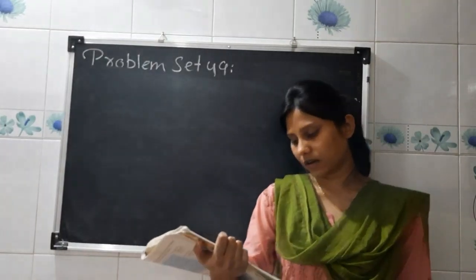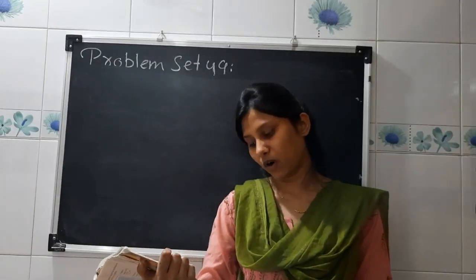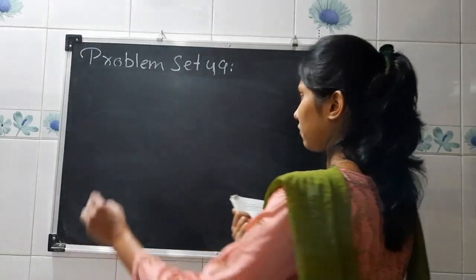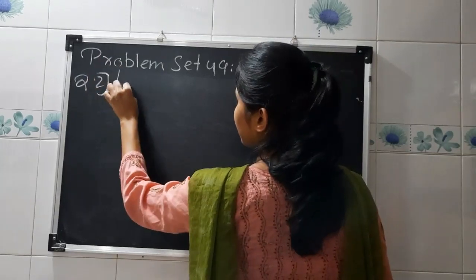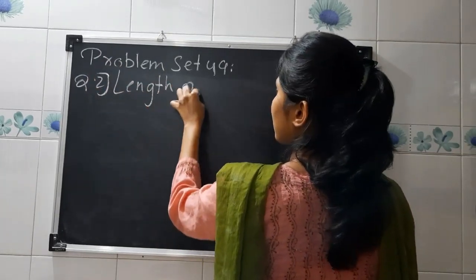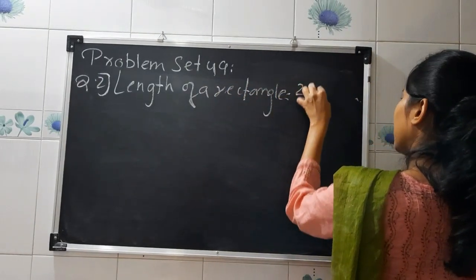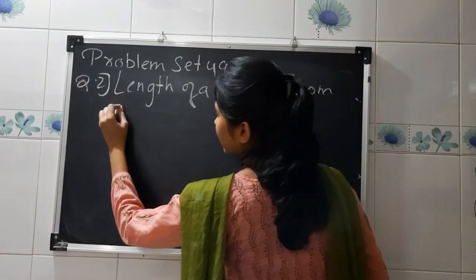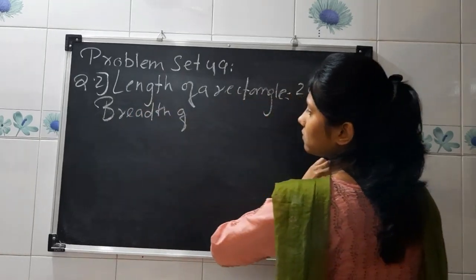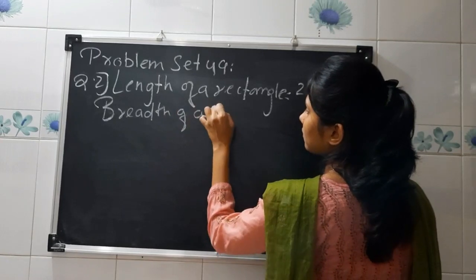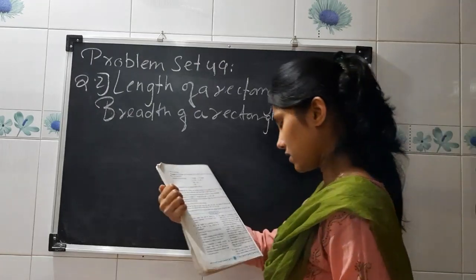If the length of a rectangle is 20 meter and its width is 12 meter, what is its perimeter? Okay, they have given you length of a rectangle 20 meters and width means breadth 12 meters. We have to find its perimeter.